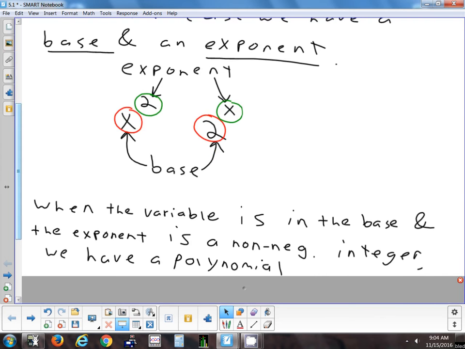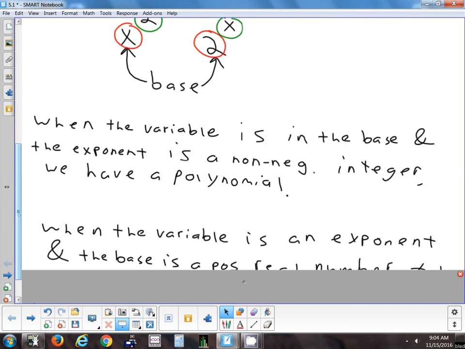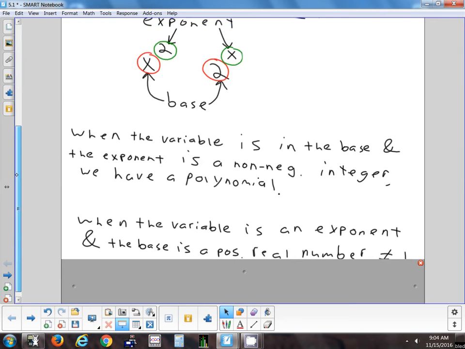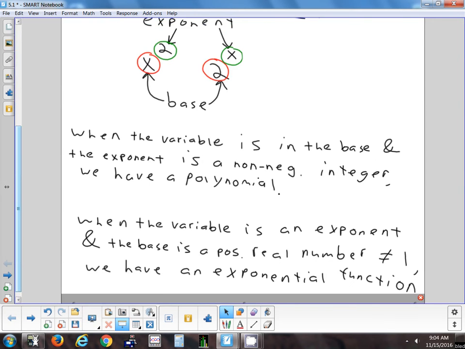Your exponent has to be non-negative, and it can't be a fraction or decimal. All right, and now when you switch it and you put the variable in the exponent, that's when you get an exponential function.